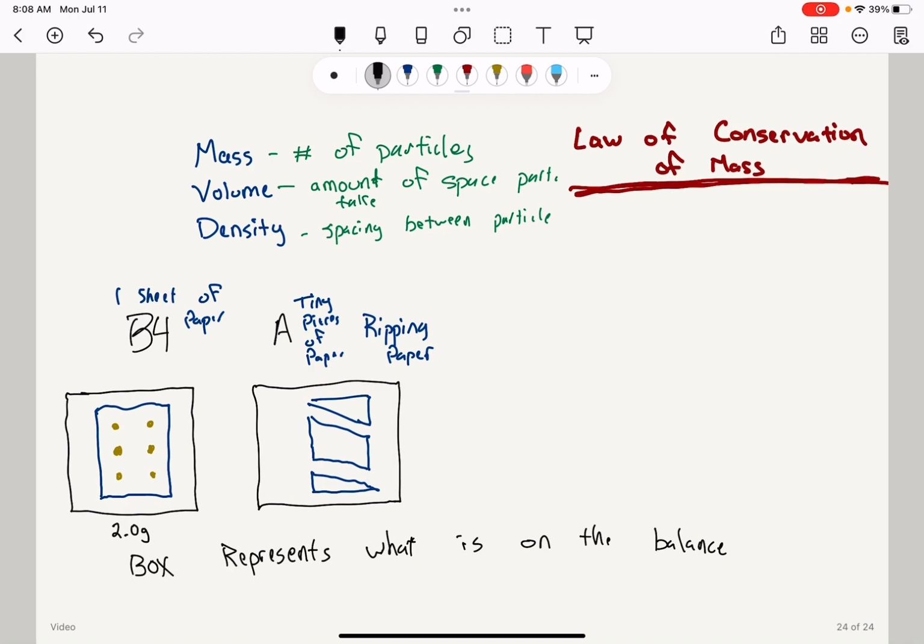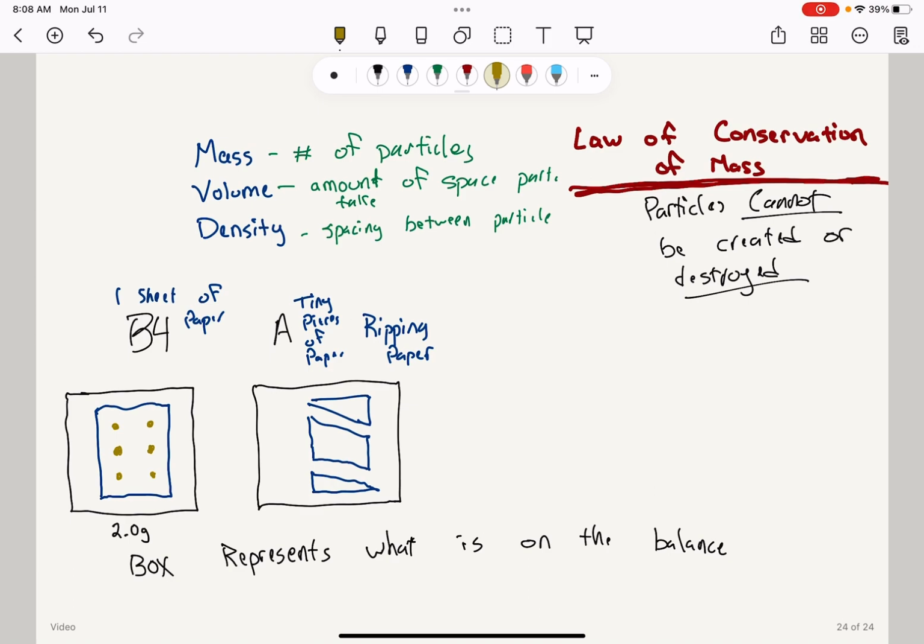Well, the law of conservation of mass states that particles cannot be created or destroyed. Particles are indicated on these particle diagrams as mass, okay? So what I'm showing here is that the volume of the individual pieces of paper are getting a little bit smaller, but the mass through a change is never created or destroyed.